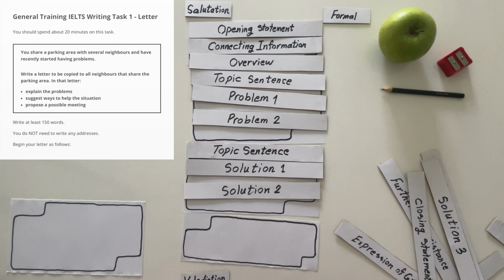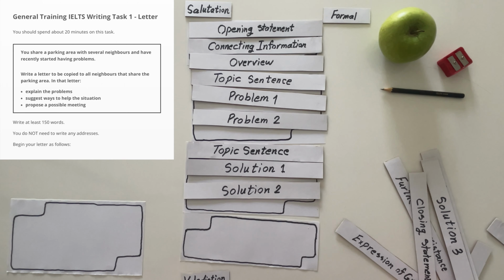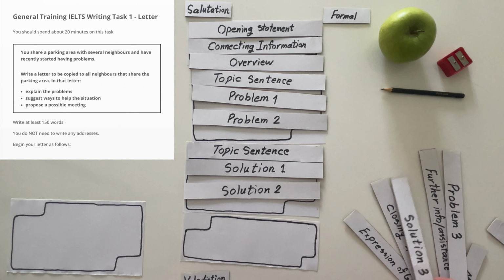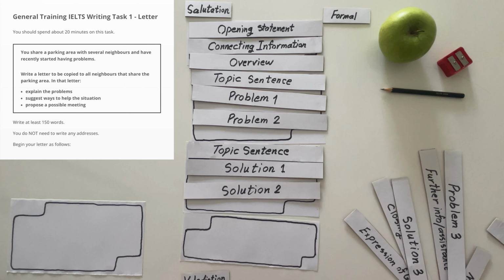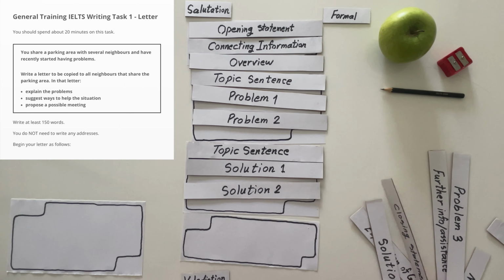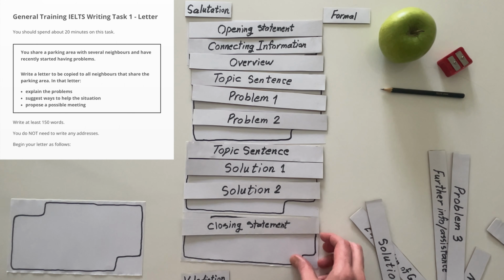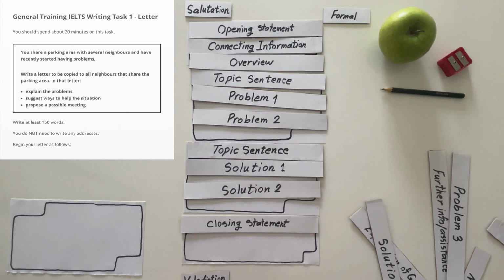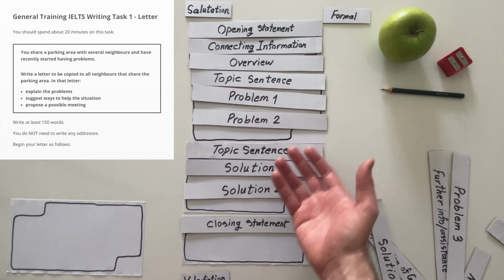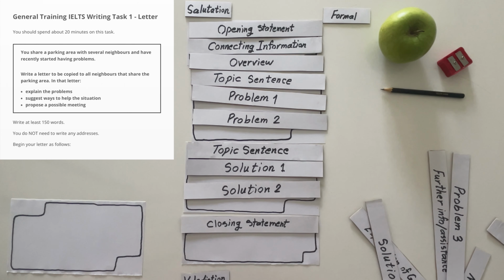Then you go ahead and write your closing paragraph. In the closing paragraph, what matters is that you still need to first say a closing statement. In this particular case, a closing statement would be something like, I look forward to meeting you and discussing these problems and solutions.